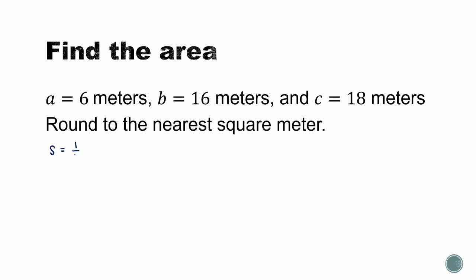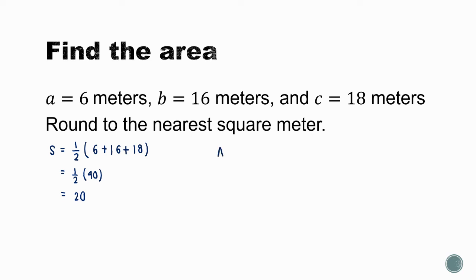So we want to take half the perimeter. I want to add 6, 16, 18 together, and then take half of it. So 6 plus 16 plus 18 gives us 40. Taking half of 40, we just found that variable of S to be 20.